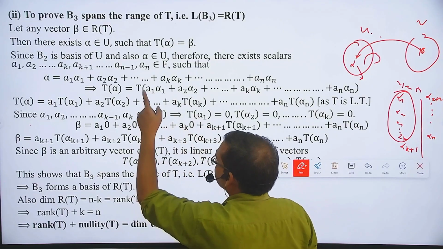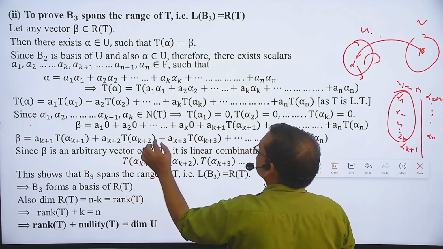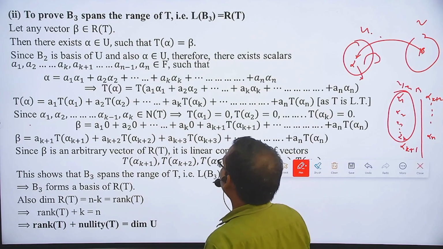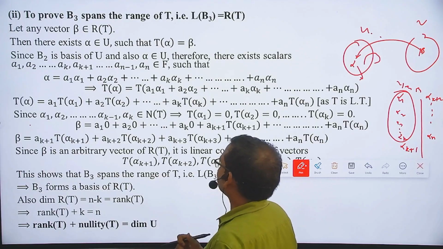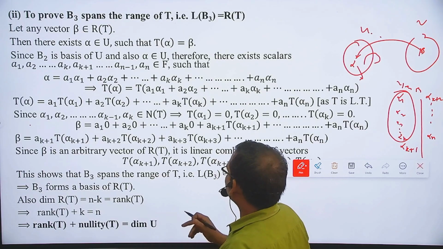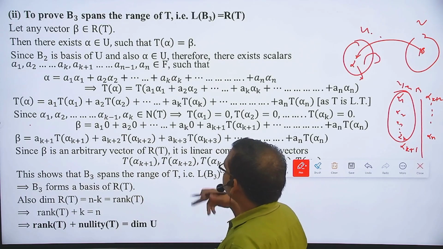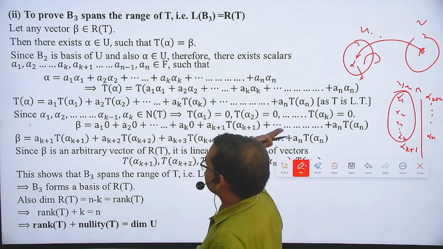It means each vector of the range space can be written as a linear combination of these vectors, or we can say that this set of vectors spans the range space.